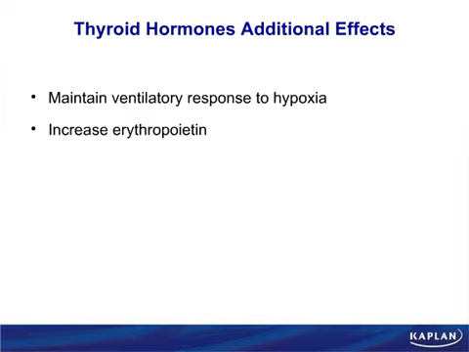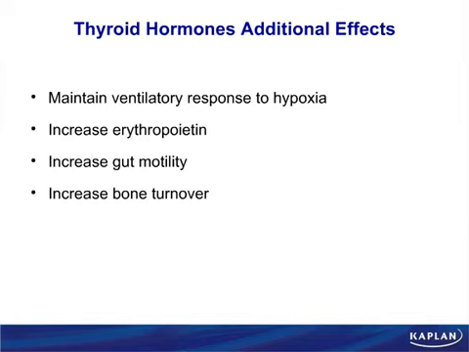Hypothyroidism causes anemia. And when you don't have thyroid hormone, you get constipated because thyroid hormone increases gut motility. Now, it has an effect on bone turnover, and that's why hyperthyroidism causes osteoporosis, because hyperthyroidism consumes the bone.